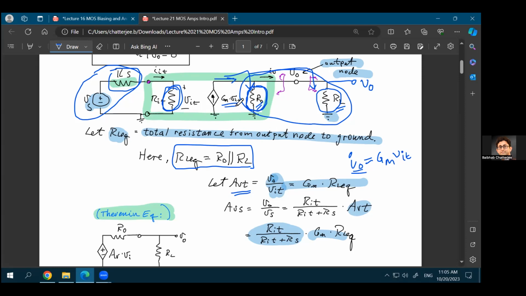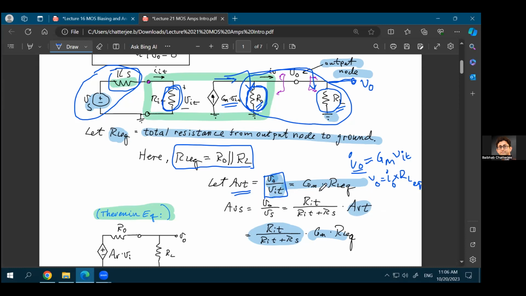GM times VIT is the current, and that gets divided into two resistances. But then again, the voltage that will develop across both of those resistances will be VO, which will be equal to IO times RL equivalent. Correct? If that is true, what would be your VO divided by VIT?